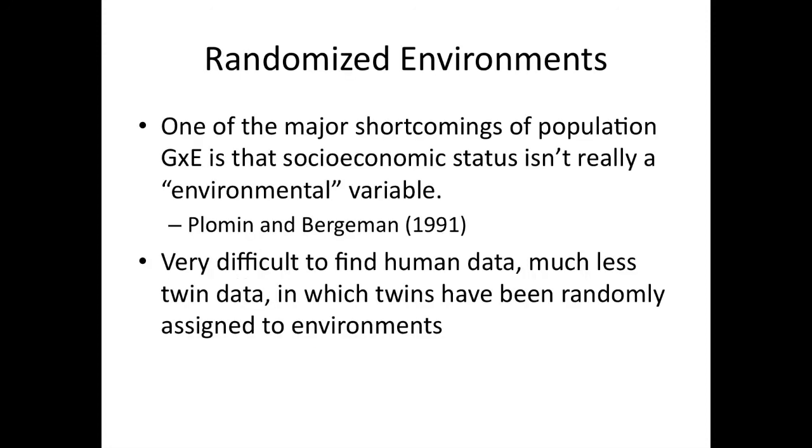Finally, I wanted to get to at least some data that I haven't presented elsewhere before. A problem with these poverty by heritability studies that I've been showing you is that obviously in human beings, well, I'll close with this idea in a minute, we don't really know that socioeconomic status is just, quote, an environment. We cannot randomly assign children to socioeconomic status.